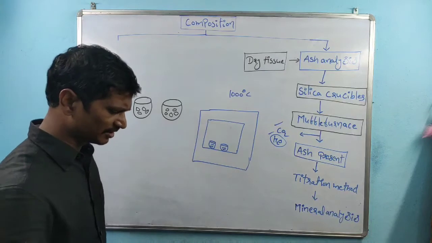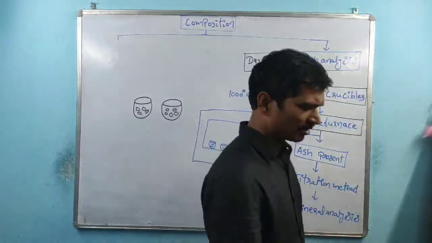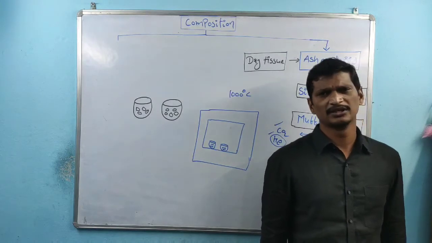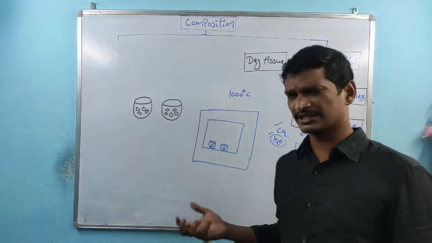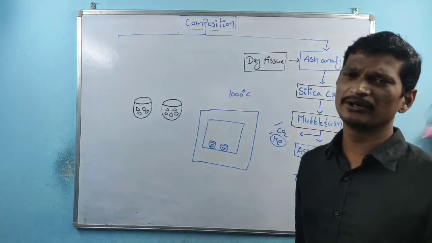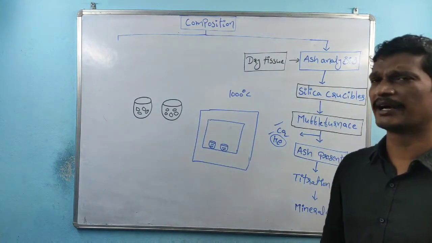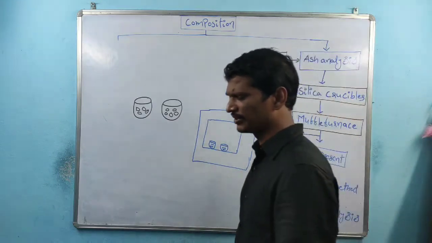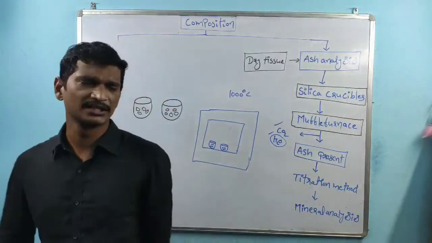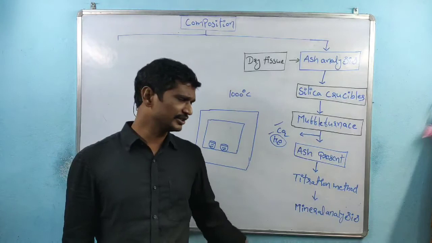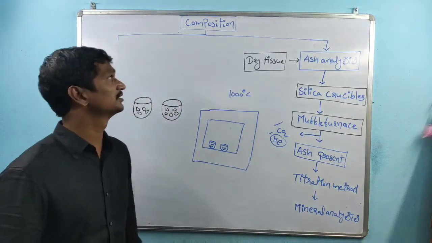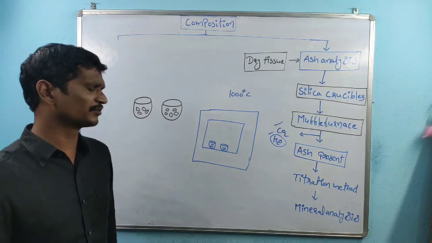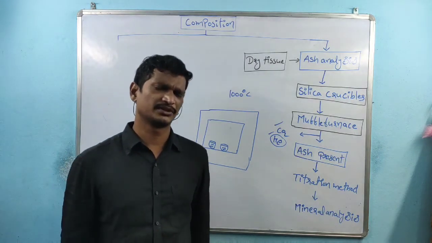Based on the living tissue or pestle and mortar method, we estimate biomicromolecules and biomacromolecules. Based on the ash analysis method, we estimate the different types of minerals in a cell. That is about the composition of the cells. Next we will discuss another topic.